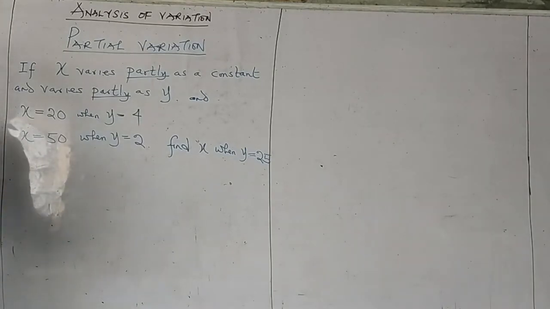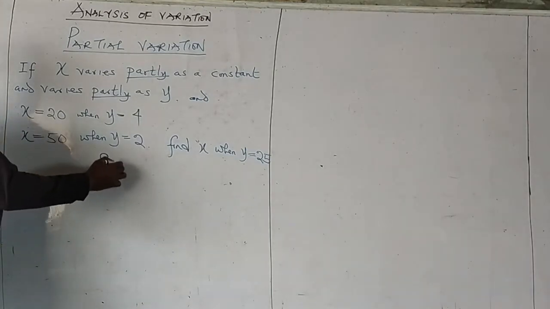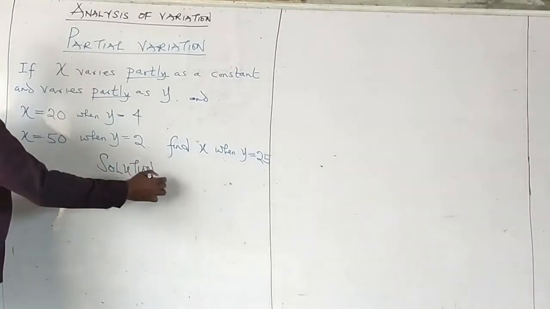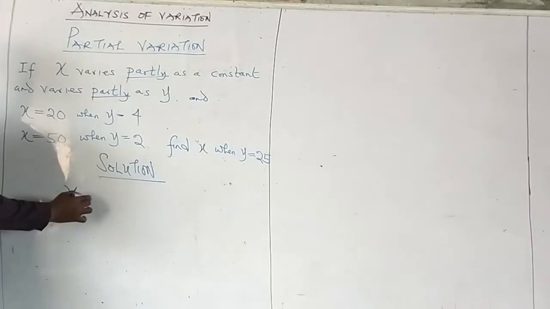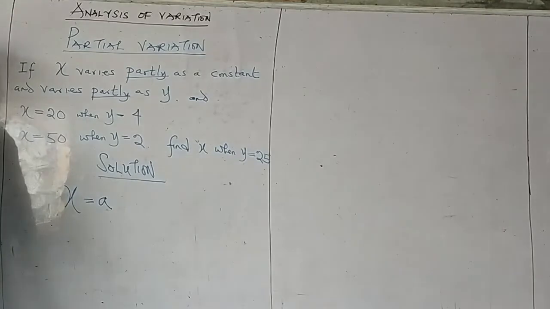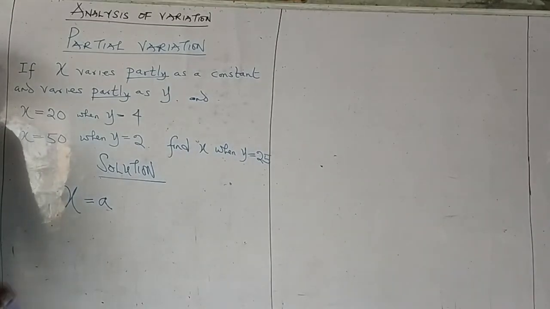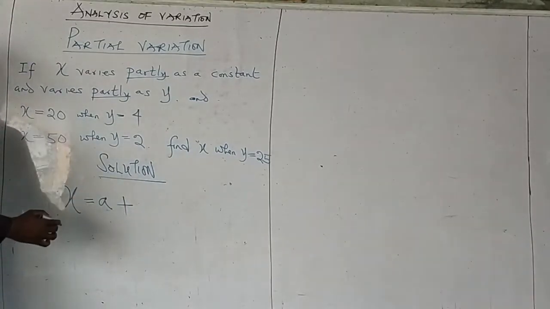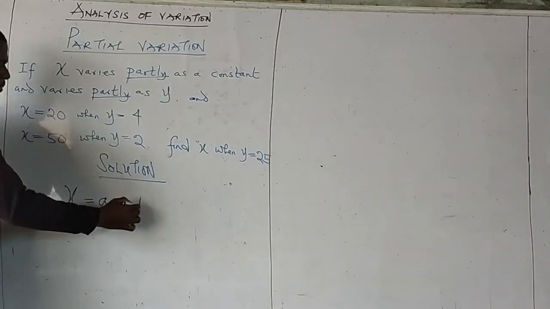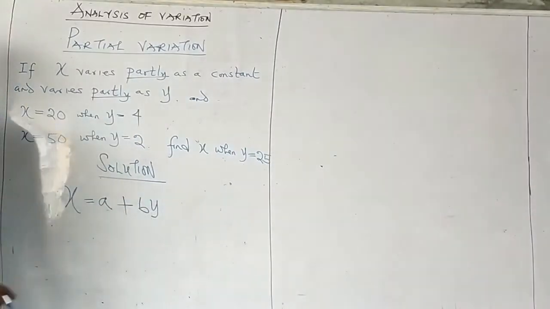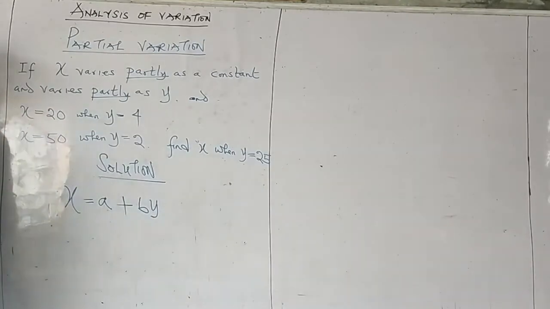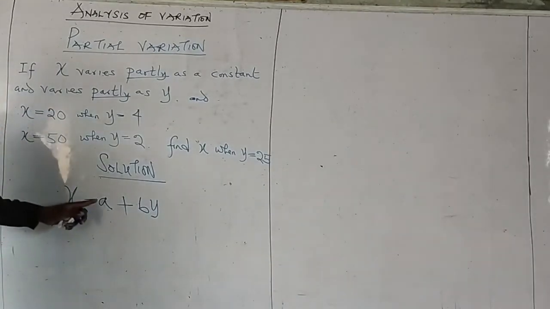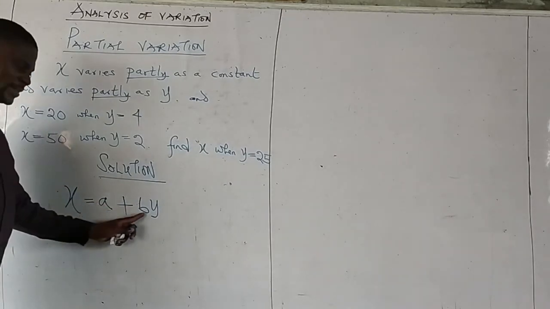In this one, how you are going to go about it is to say solution: x varies partly as constant, this a is constant, and partly as y. We now say by, where this a and b are constants. It varies partly as constant and partly as y.